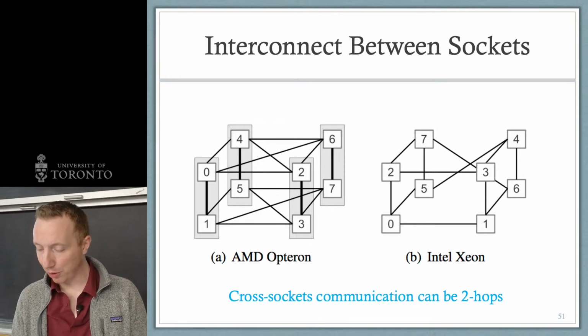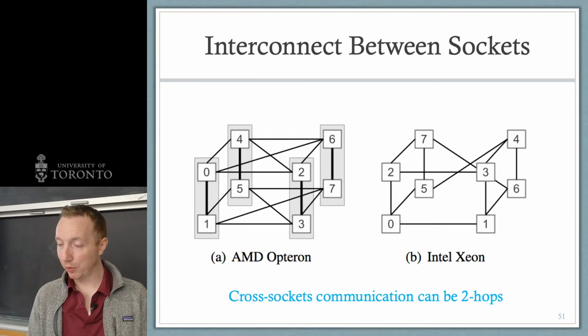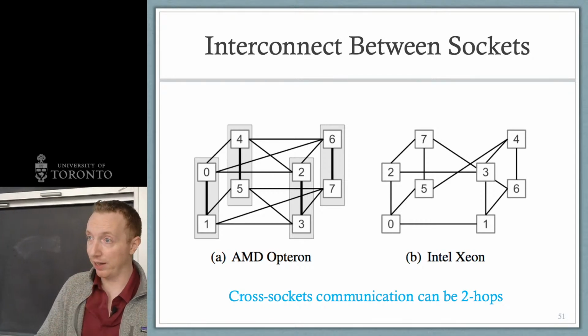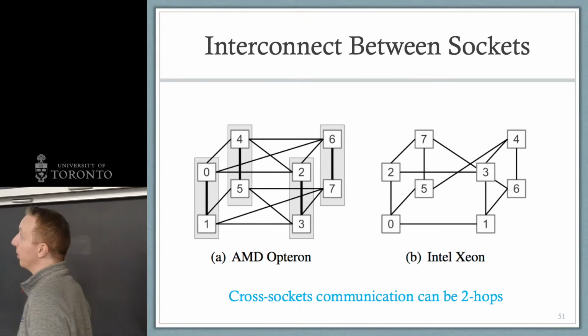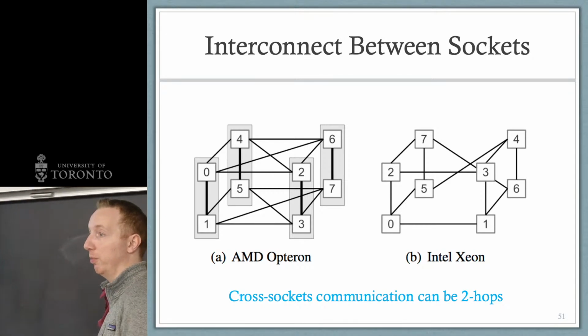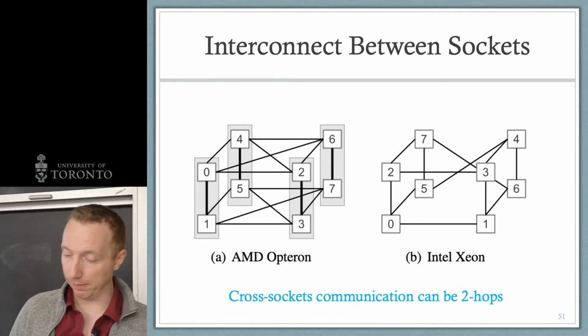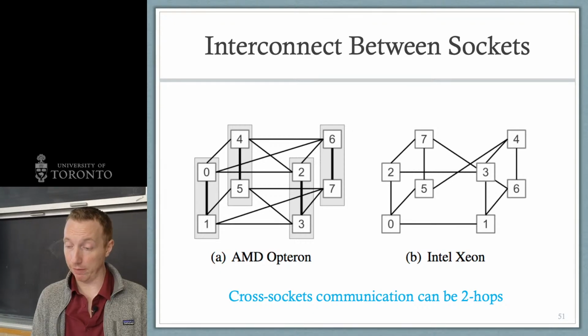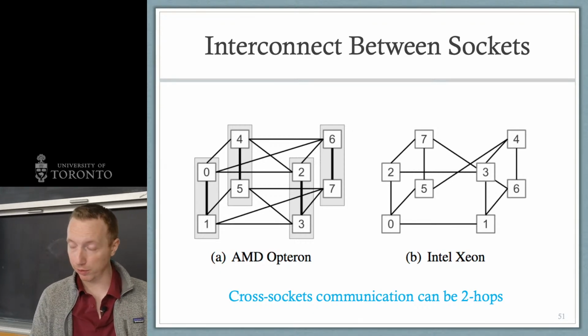Some cores might be located closer to each other and some further away, and it might have weird topologies, especially in really high performance computing, where you have lots and lots of different cores.